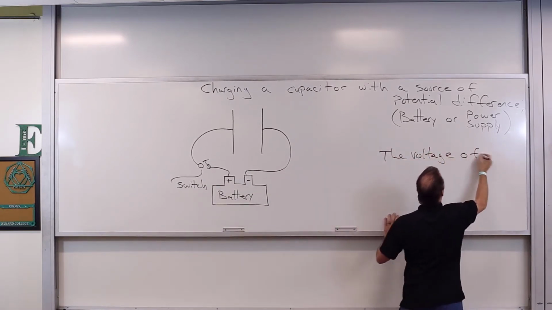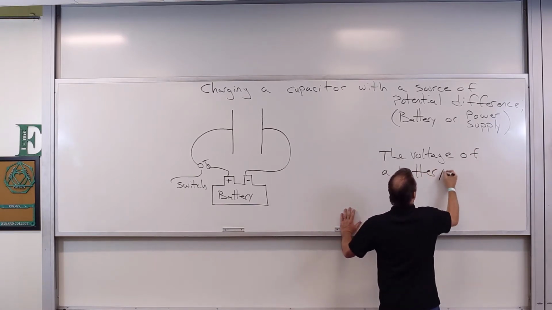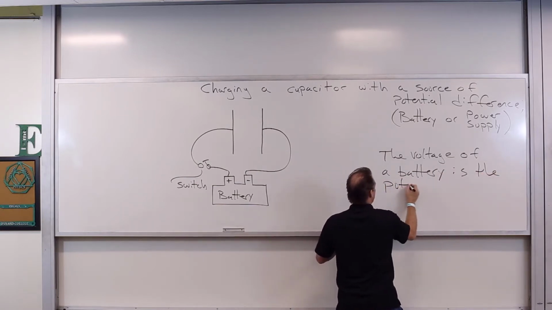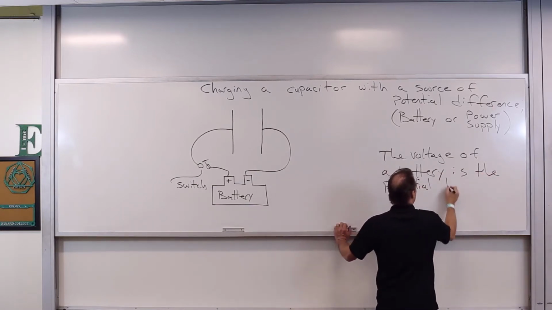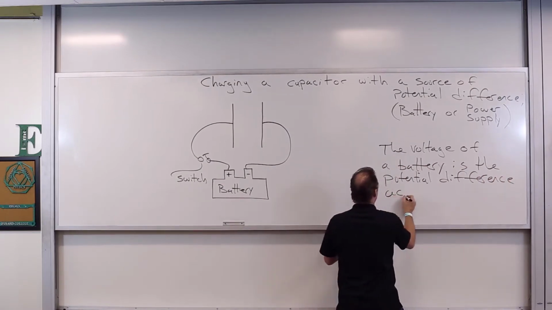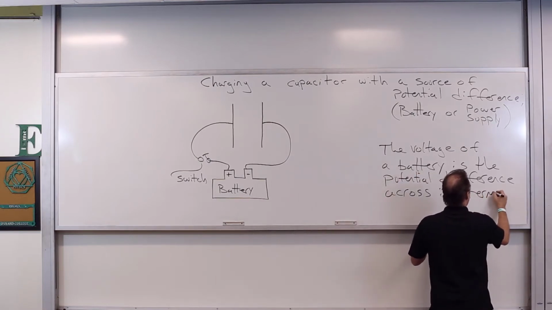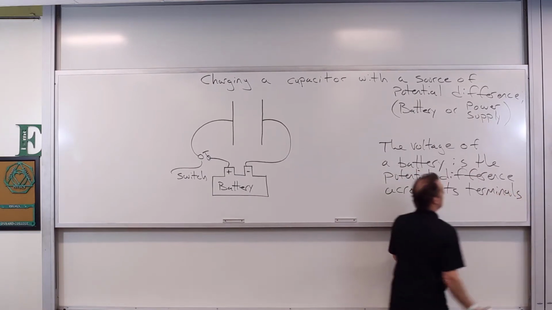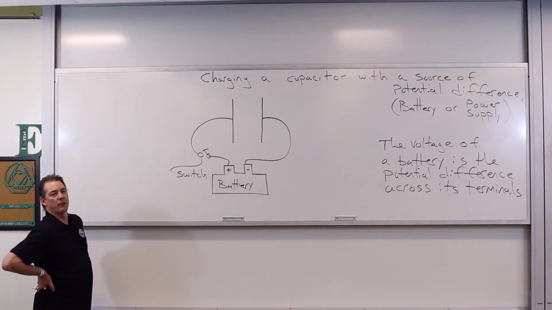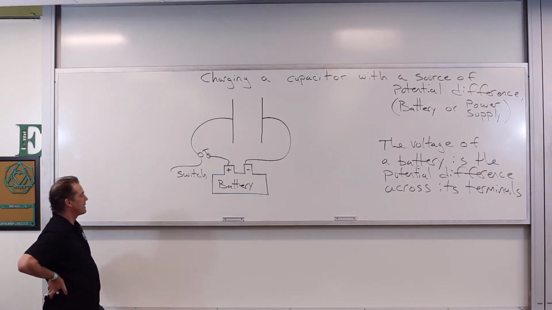The voltage of a battery is the potential difference across its terminals. So we've got this source of potential difference, the battery, we've got some voltage that it has, great.